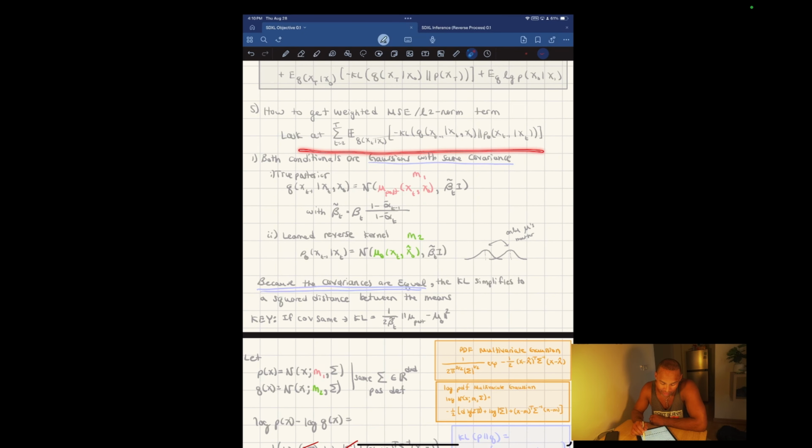So if we're looking at this, we remember in the first video, we defined the forward process. In the second video, we defined the posterior, the closed form of the posterior, right?